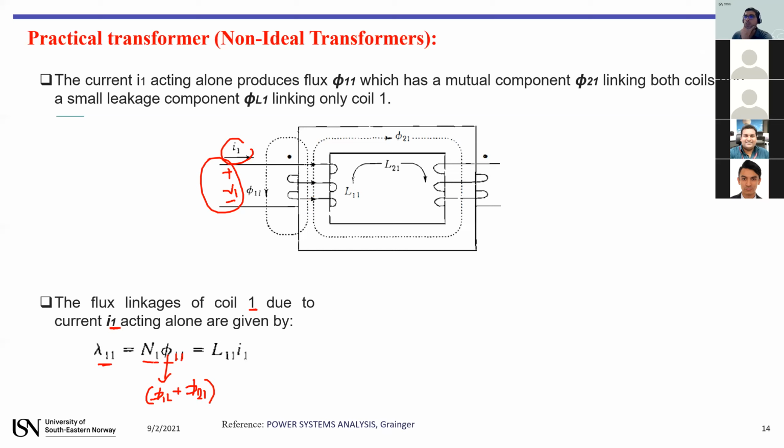If we write this expression for the first winding, lambda 1 1 is the flux linkage here, equal to N1, the number of turns of the first winding, times phi 1 1. What's phi 1 1? It's the summation of phi 1L and phi 2 1.